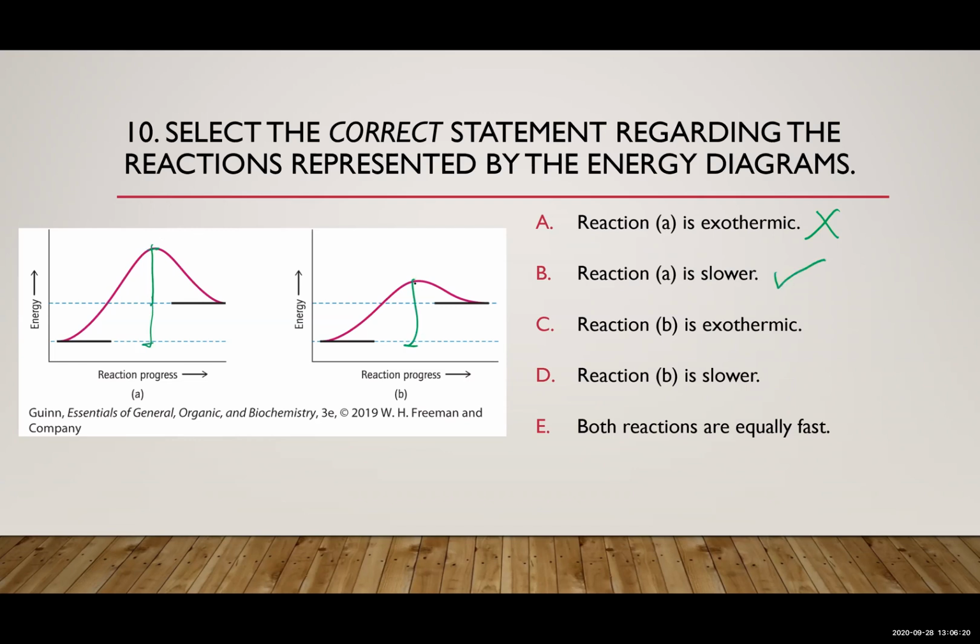This has a small barrier. Reaction B is exothermic. Is it true or false? False. Reaction B is slower. That's also false because B has a smaller activation energy, right? Both reactions are equally fast. No.